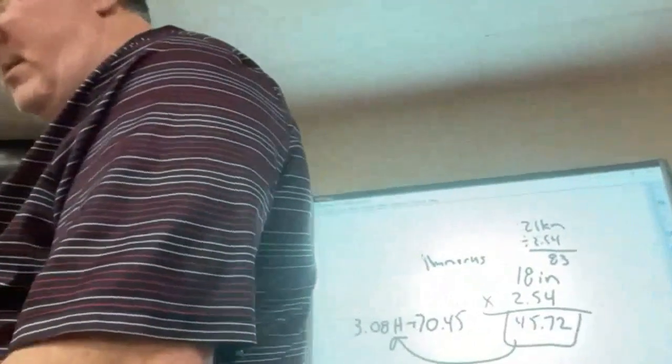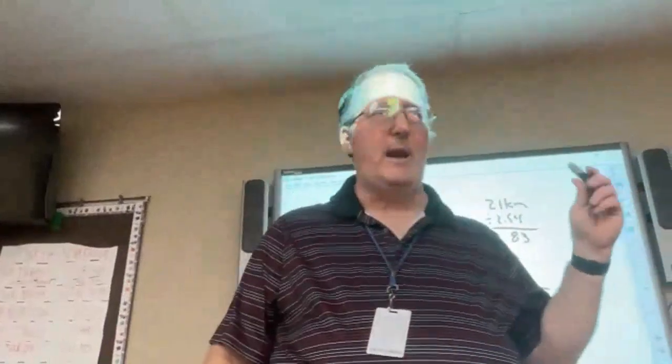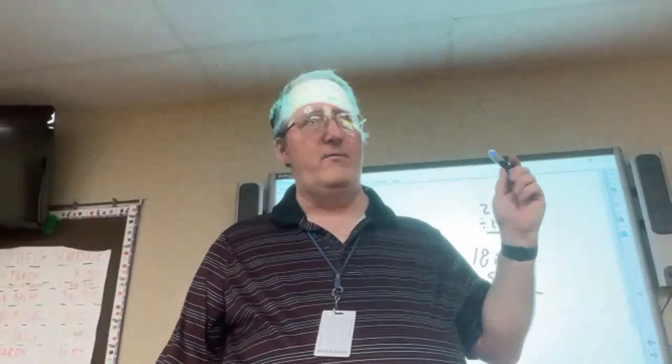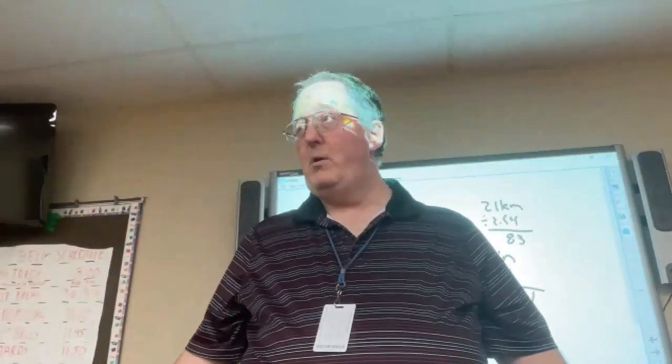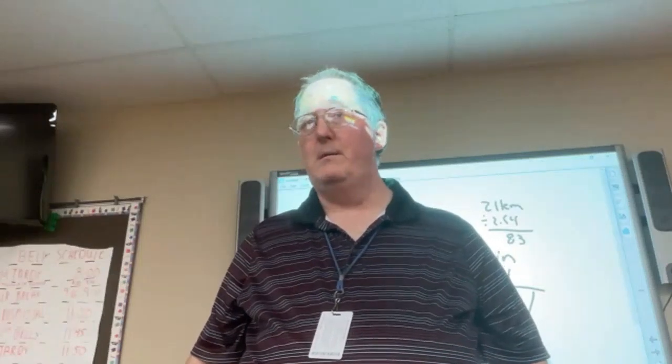Now, question. This actually happened. We had a student who did the math, and mathematically, she came out that she should have been 5'9" tall. We measured her. She was like 4'11" tall, like 9-10 inches difference. Is that a good number?